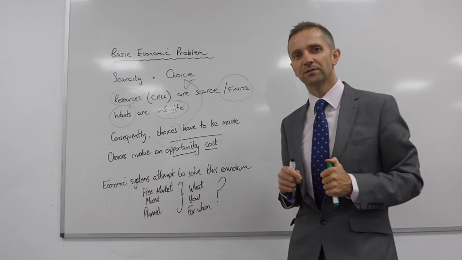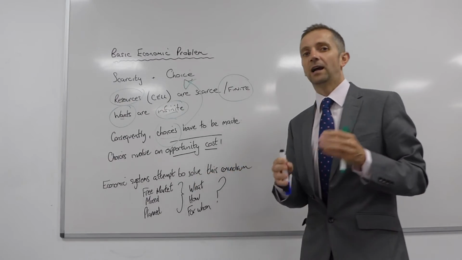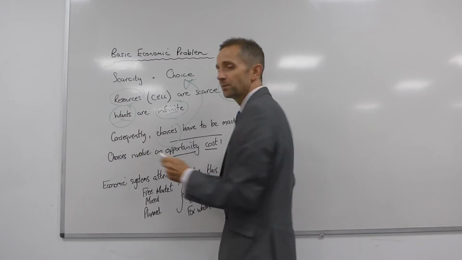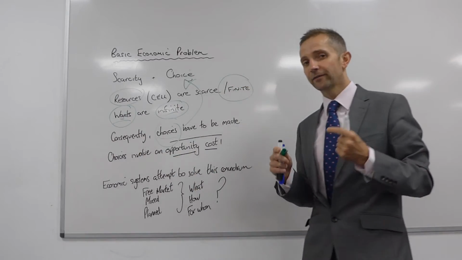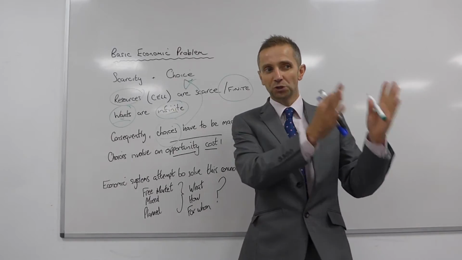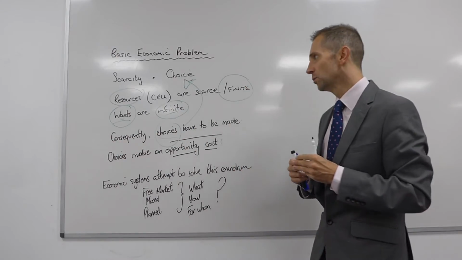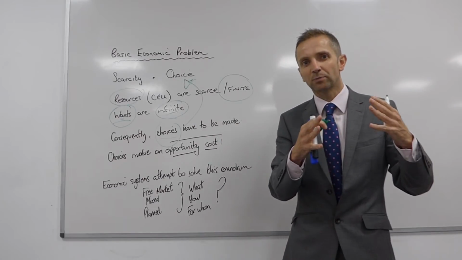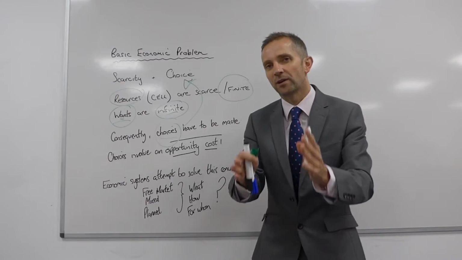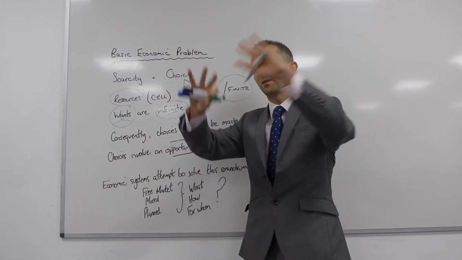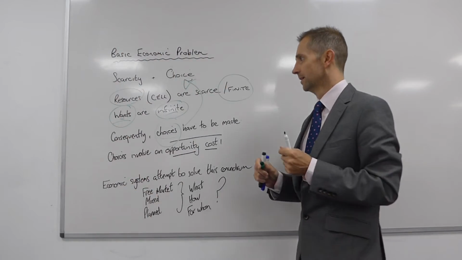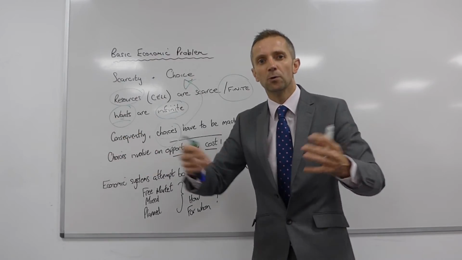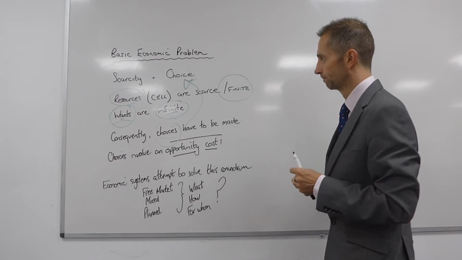You might earn a certain amount of money from a part-time job, and you realise that with that money there are lots of things that you want, but you can't have them all, and therefore in your own mind you're making choices all the time. So this whole notion of scarcity and choice and the basic economic problem applies to individuals, it applies to firms, it applies to governments, it applies to the global economy. So it can be applied across the micro and the macro economy, as it were.